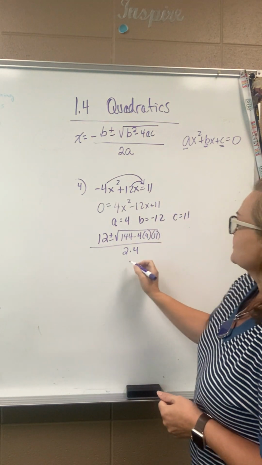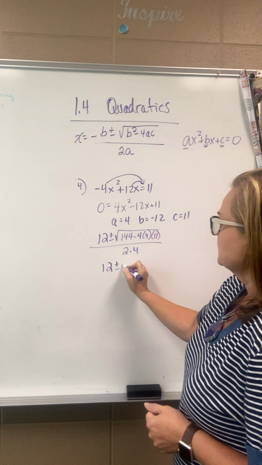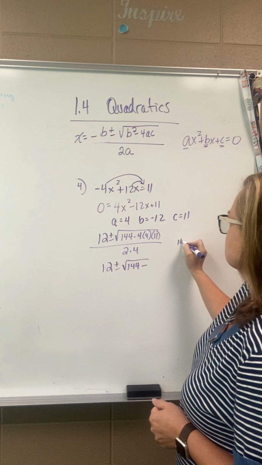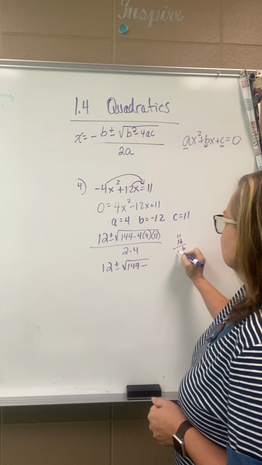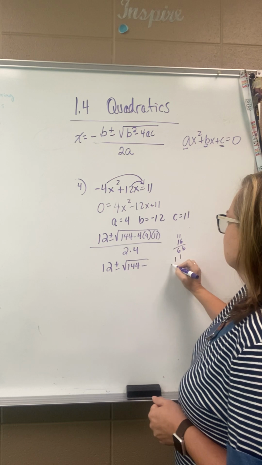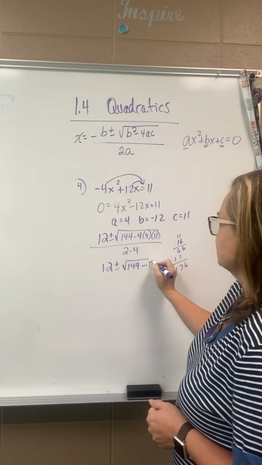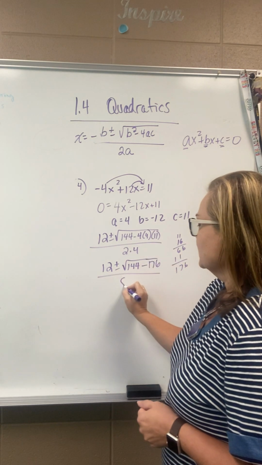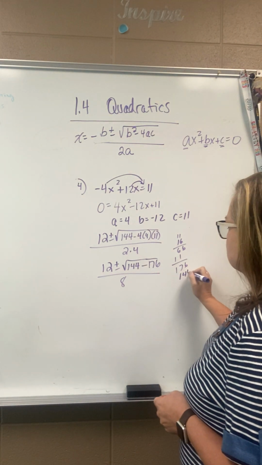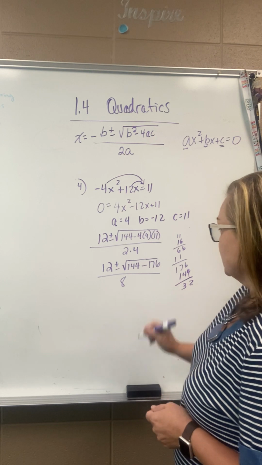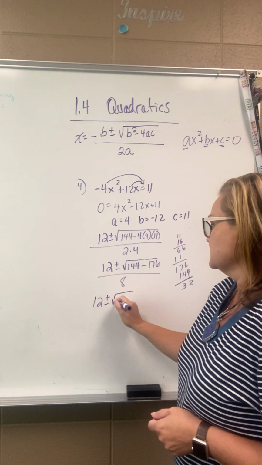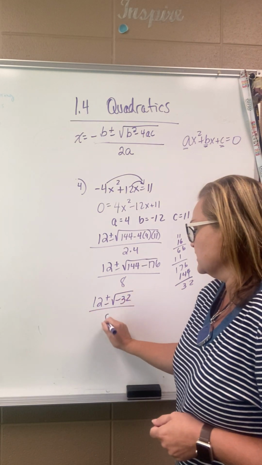So then we're going to have 12 plus minus 144 minus, let's see, I need to use my calculator. 176 all over 8. 144 minus 176, so I'm going to be in the hole. I'm going to have a -32 for that. So we've got 12 plus and minus -32 over 8.